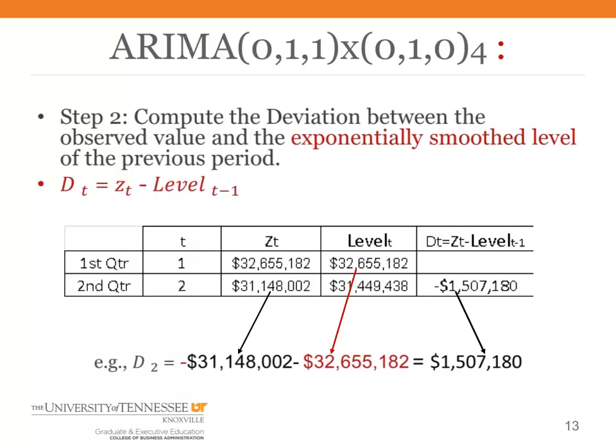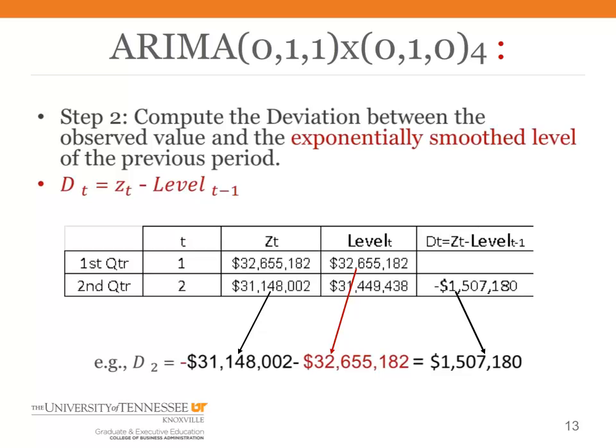And we're going to do something else different in this model. When we compute our discrepancy, we're not going to compare the current quarter to the previous quarter. We're going to compare the current quarter to the previous quarter's level as computed using that exponential smoothing formula. So we're going to be subtracting the current quarter in column 1 from the column 2 of the previous quarter.